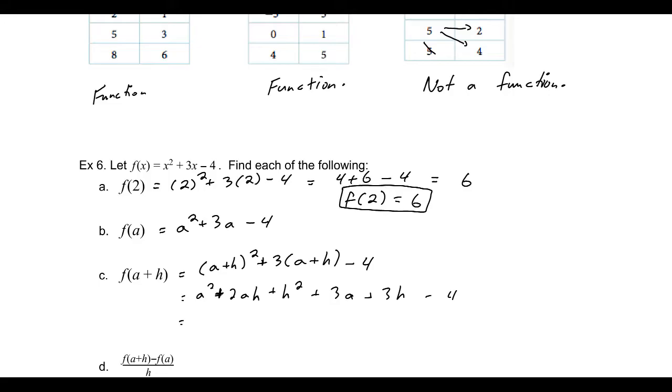Combining like terms, we have a squared. Actually, there are no terms to combine. That's it.